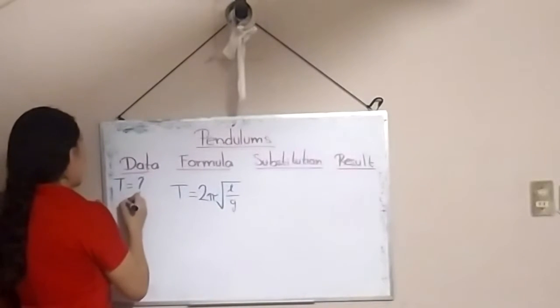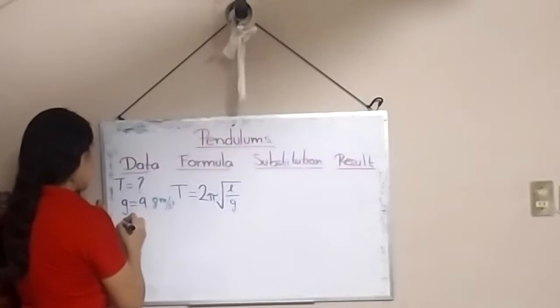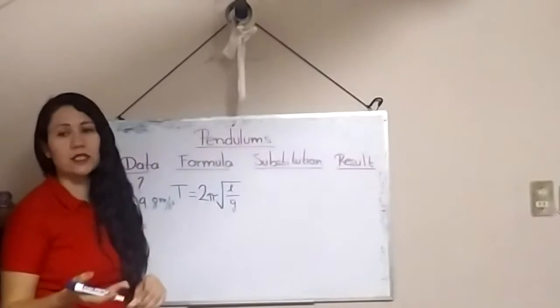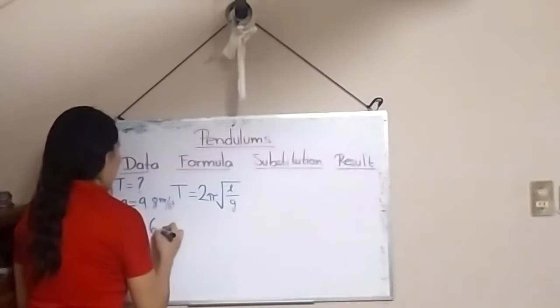We know that gravity equals 9.8 meters per square second. We know that 2 times pi, if pi is 3.14, 2 times pi is 6.28.